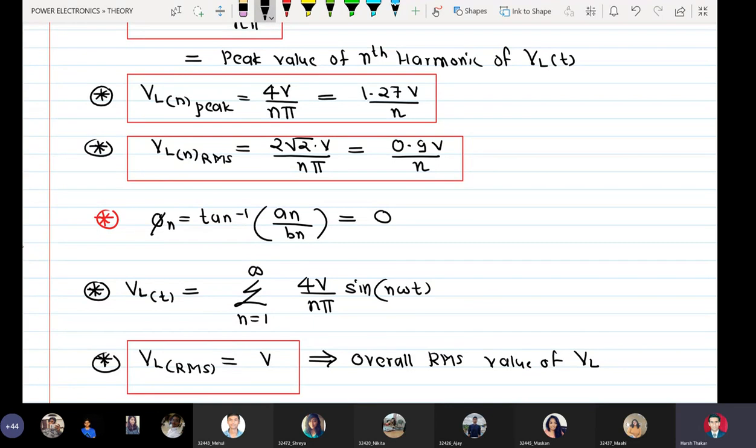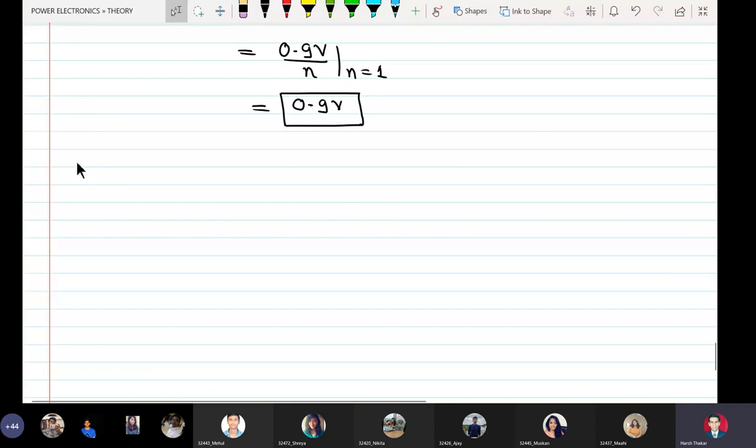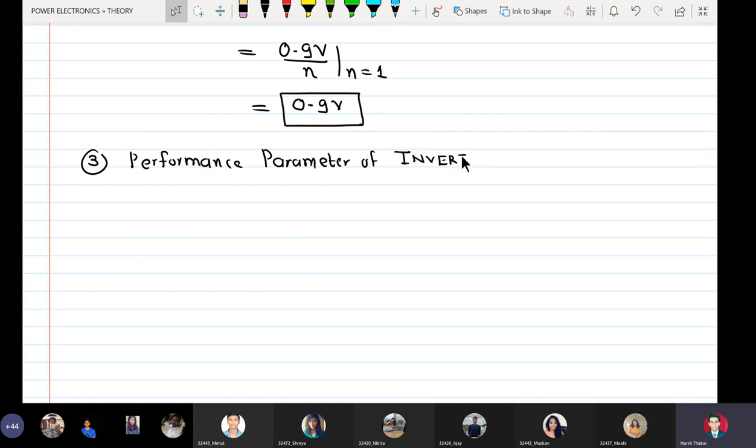Now we come to performance parameters of inverters. These are generic performance parameters which can be applied to both single phase inverters as well as three phase inverters.